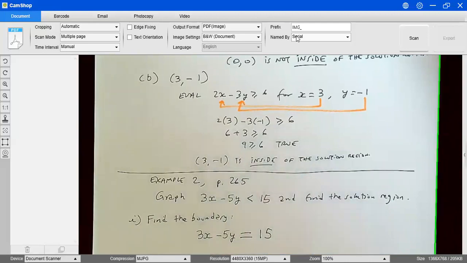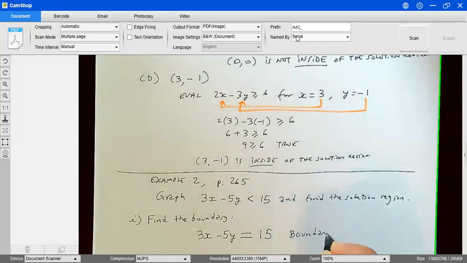What we are doing here is replacing the inequality symbol with the equal sign. So this is the equation of the line. This is the boundary. This is the boundary line.